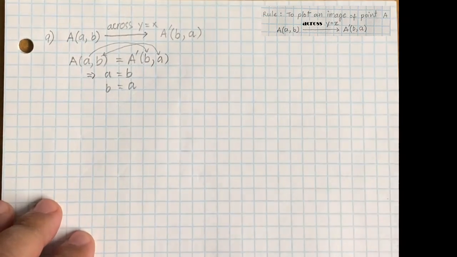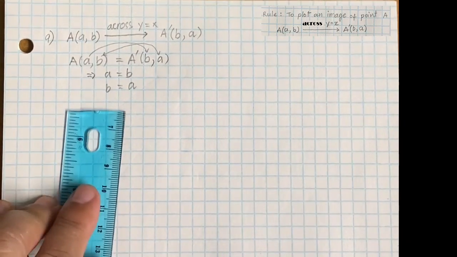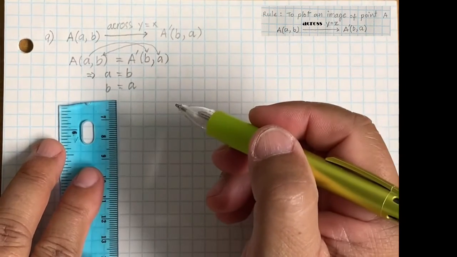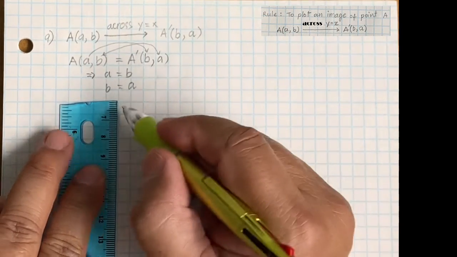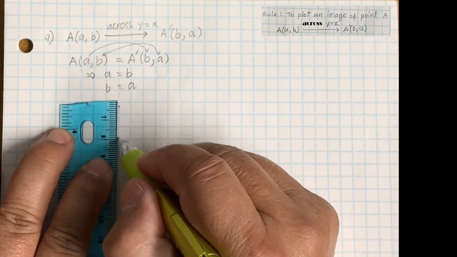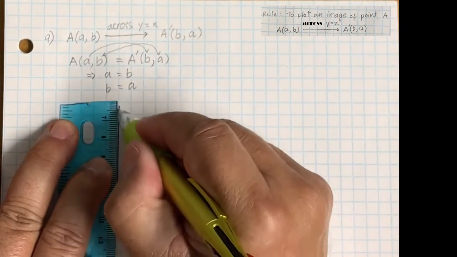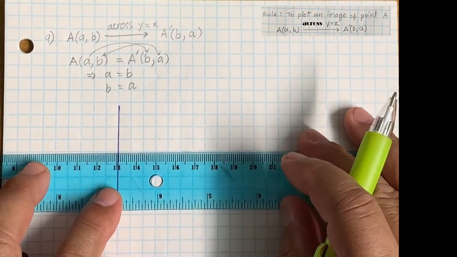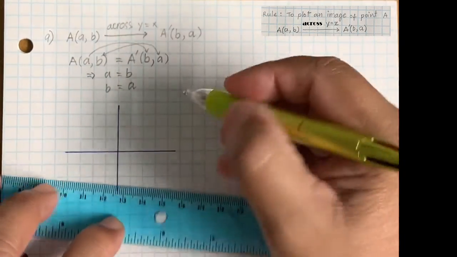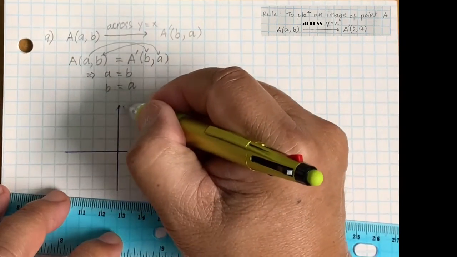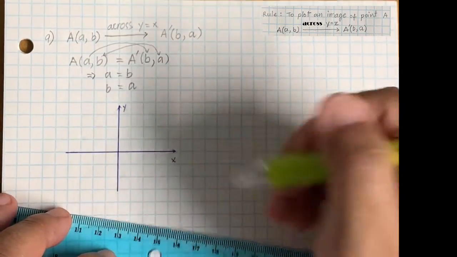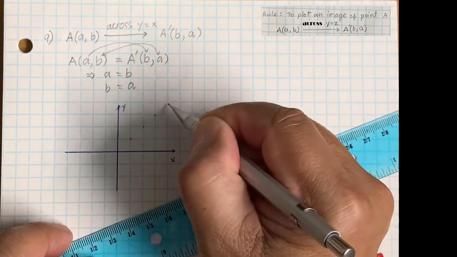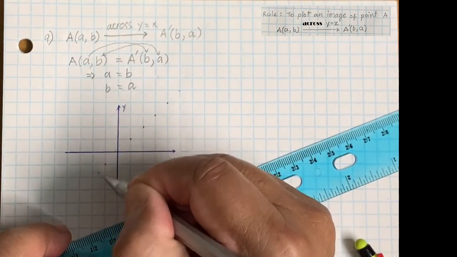So that's it. All we need to do is draw a figure on the line y equal x. When you reflect it, it's still going to be on y equal x, on that line. So this is the xy coordinate plane, and we have the line y equal x.